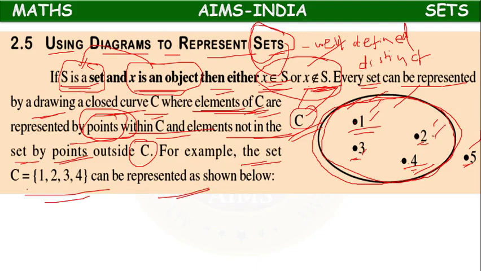As we have 1, 2, 3, 4 inside the set, we can write C = {1, 2, 3, 4}. In this way, sets can be represented with the help of closed curves, and elements with the help of points. So in this way, we can use diagrams to represent sets.